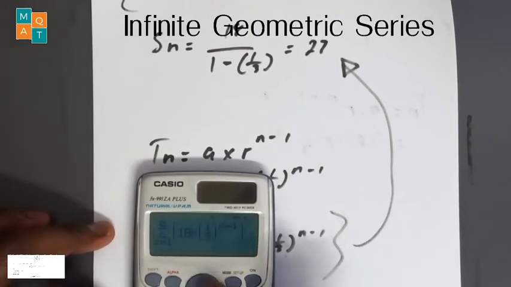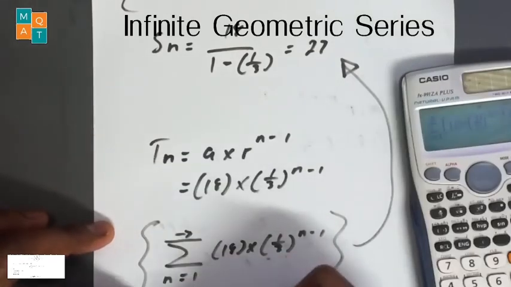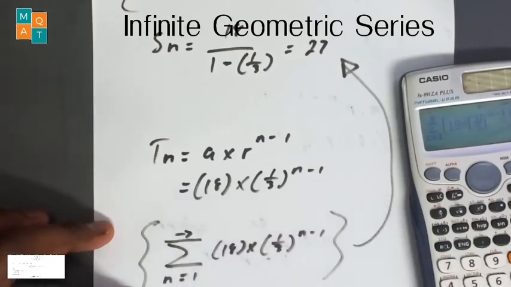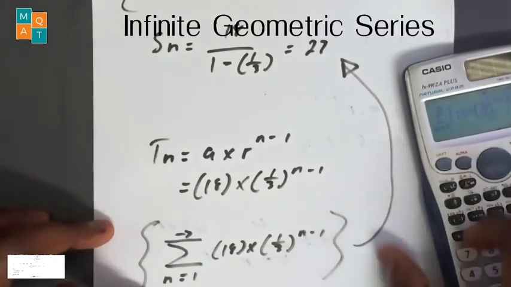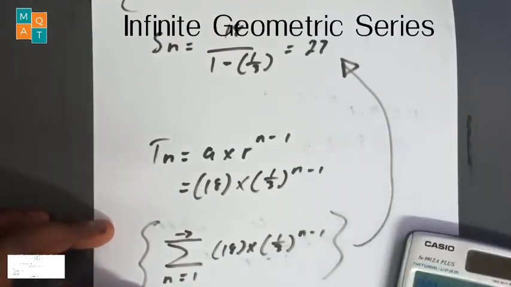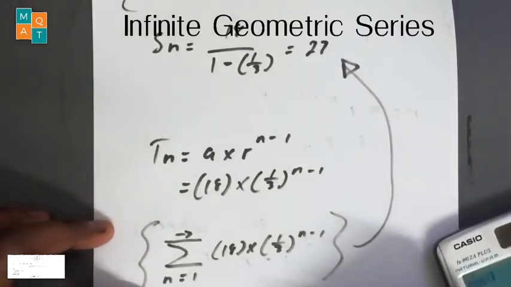Now if we go to 3, we find 26. That is because the sequence is 18, 6, 2. Now if you're going to find a value after 2, it's 2 multiplied by 1 over 3, which is 2 over 3, all the way to infinity.